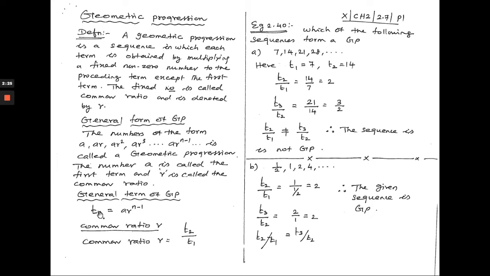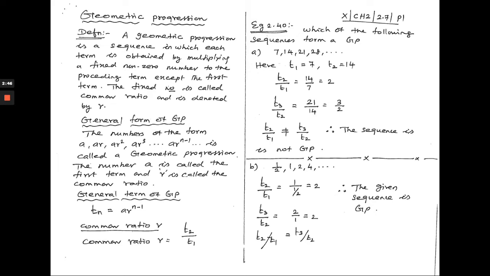For n equal to 2, we get the second term AR power 2 minus 1, which is AR power 1, the second term AR. Like that we get the nth term, AR power n minus 1.